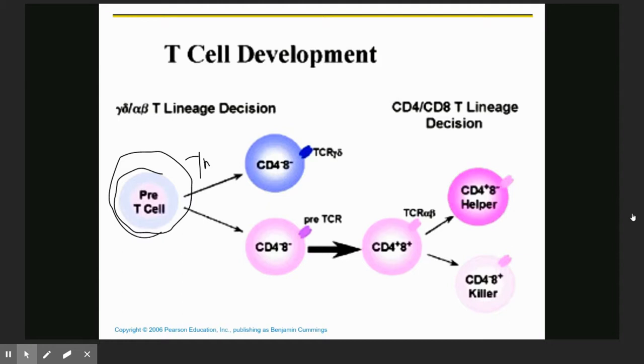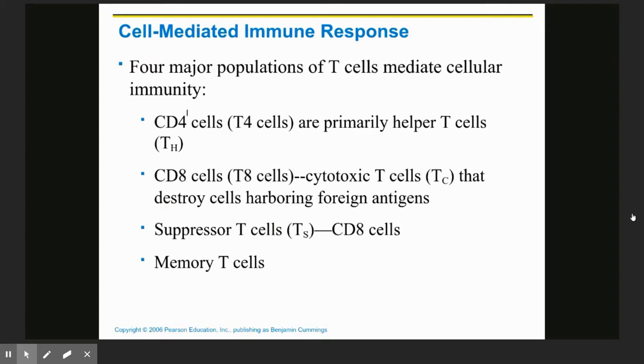Not only is it going to grow a surface receptor, it's going to develop these CDs. And so we're either going to have CD4 or CD8. If it's a CD4, they're helper cells, primarily anyway. If it's a CD8, primarily they're T killer cells, T cytotoxic cells.